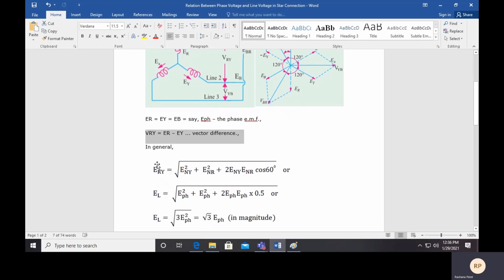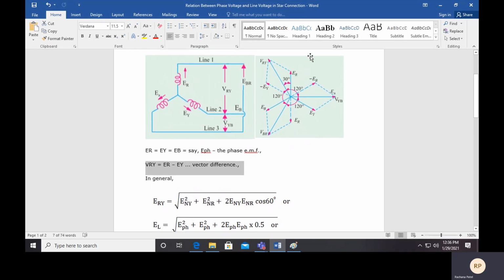This is, in general, any line. Let's say the line voltage between terminals R and Y can be represented in that way: phase voltage of Y, phase voltage of R, and with cosine 60. This we can get by means of the phasor representation. Here we have the angle 60, and these are ERN and ENY.